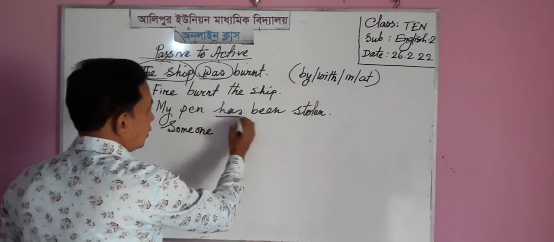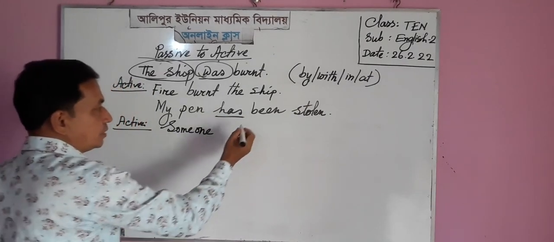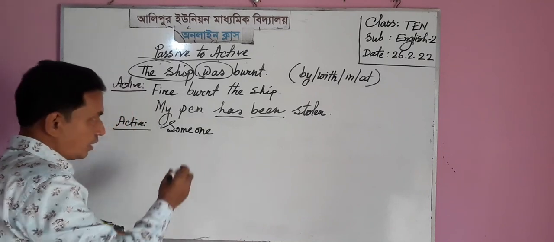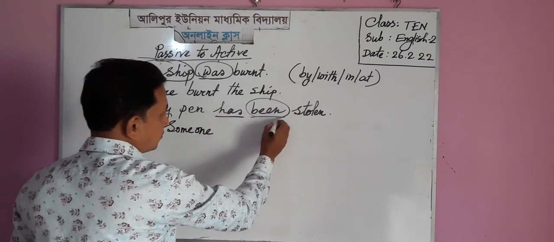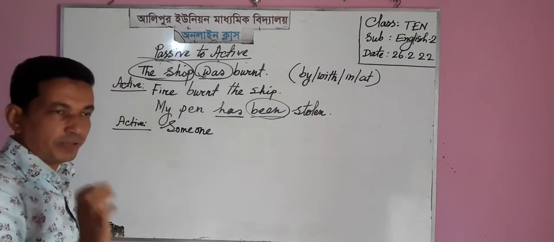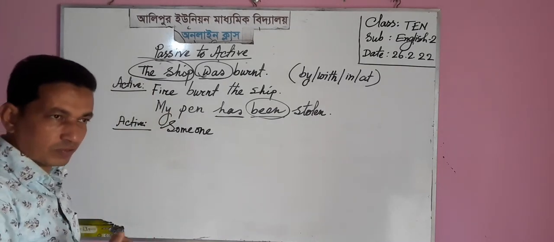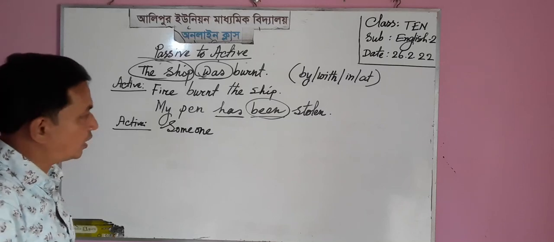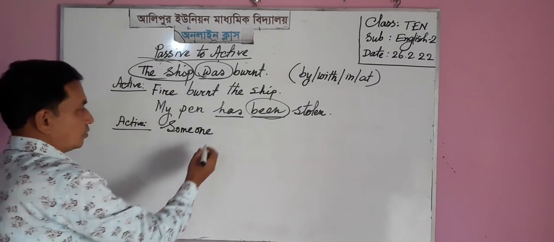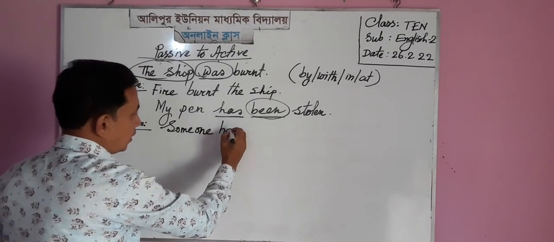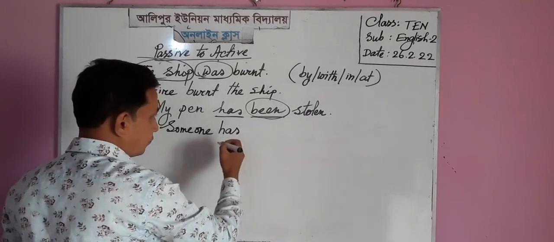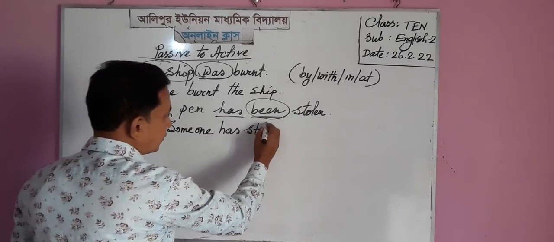Has been has auxiliary verbs of the passive sense. But when I change the passive voice into active, we have to omit the unnecessary auxiliary verb of the passive voice. So been is unnecessary in active voice. So I can take has, and the main verb or principal verb is stolen.